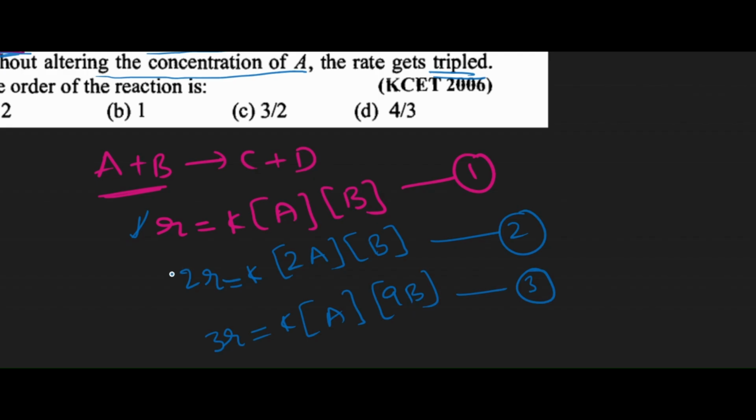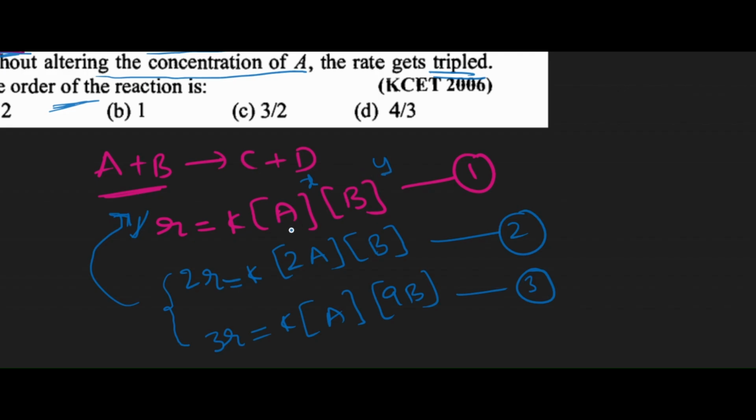So by changing the concentrations of the reactants, we have to calculate the order of the reaction by comparing with the original rate of reaction. Using these three equations we need to calculate the order of the reaction. Whatever rate law I have given, I am modifying in order to calculate the order.